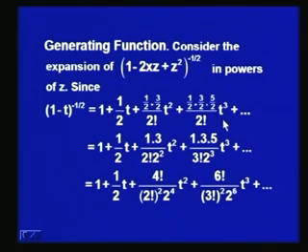We can write it in a more convenient form as 1 plus half t plus 4 factorial over 2 factorial square 2 to the power 4 t square, then 6 factorial over 3 factorial square 2 to the power 6 into t cube, and so on.